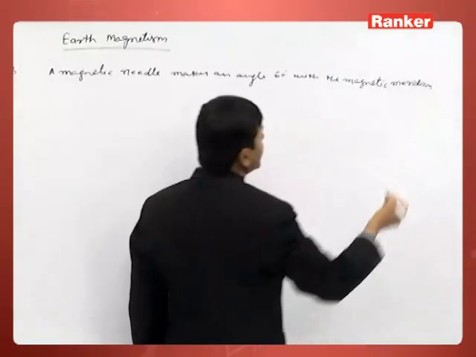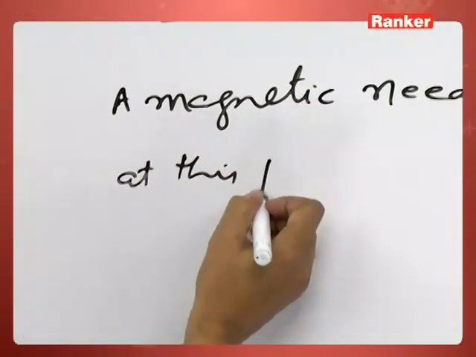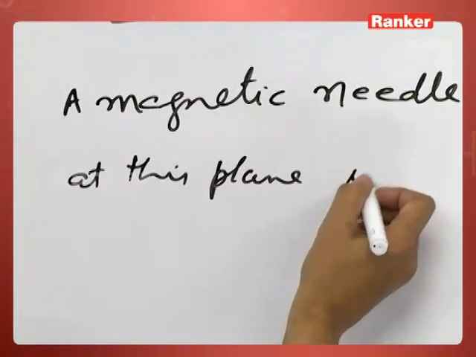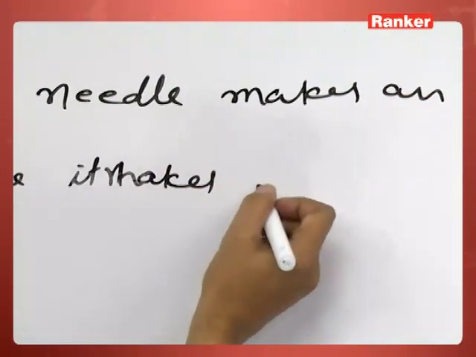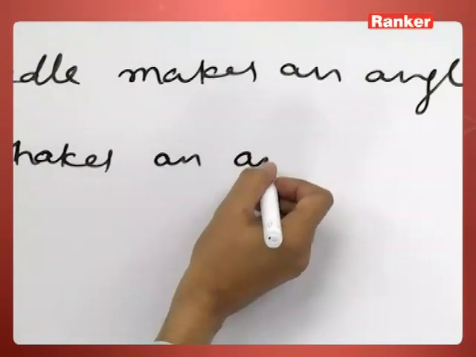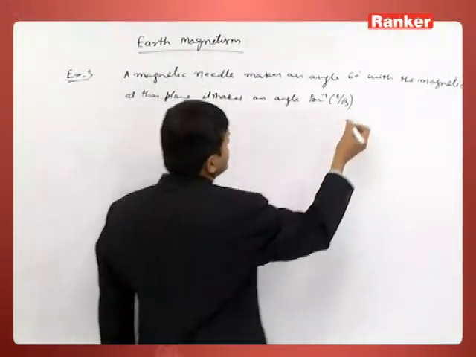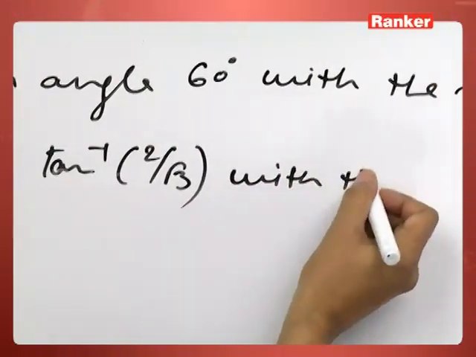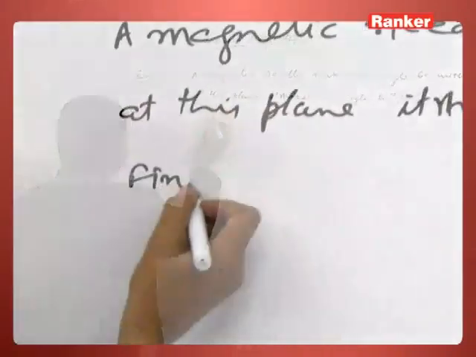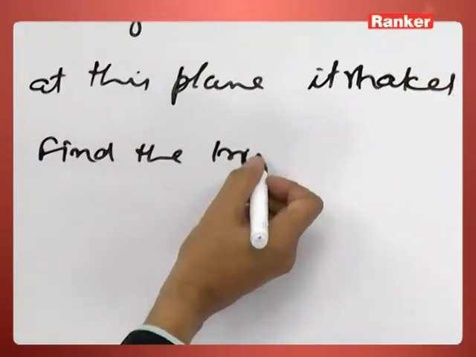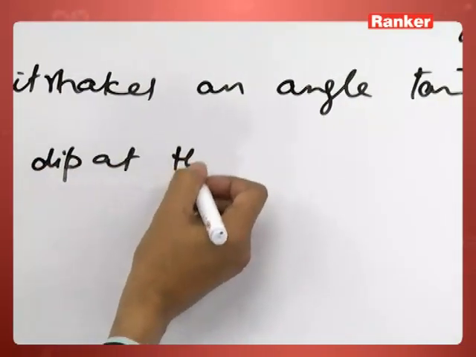In this plane, it makes an angle tan inverse 2 by root 3 with the horizontal. Find the true dip at that point.